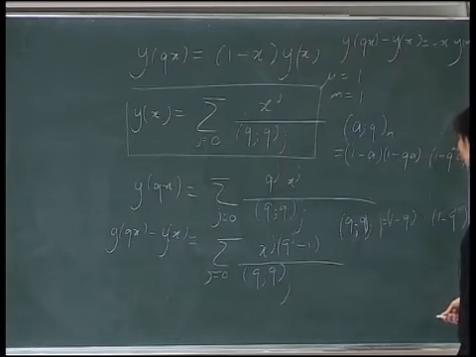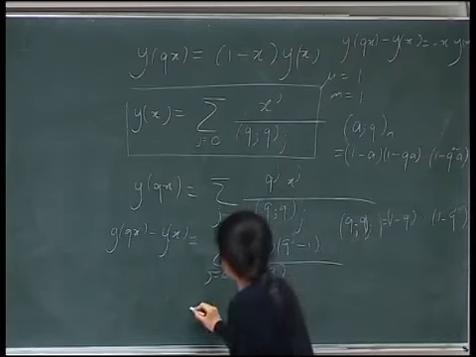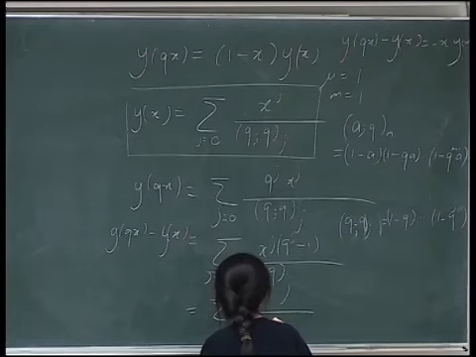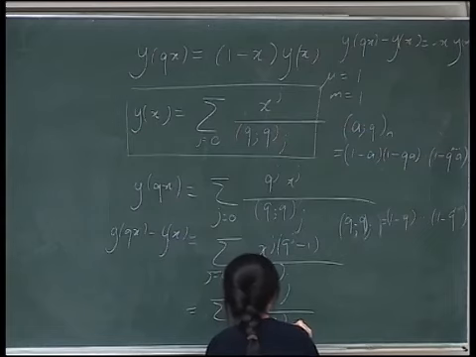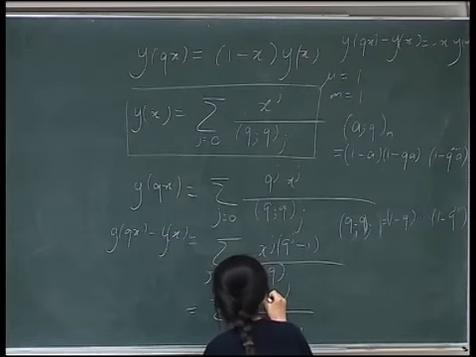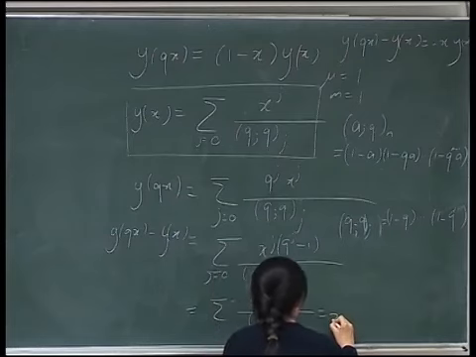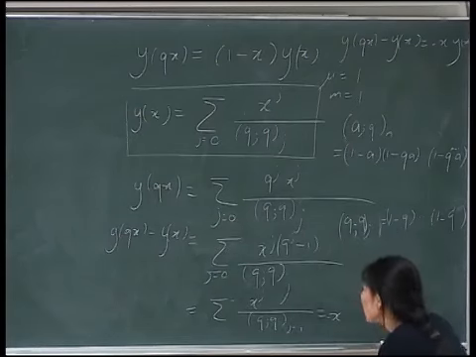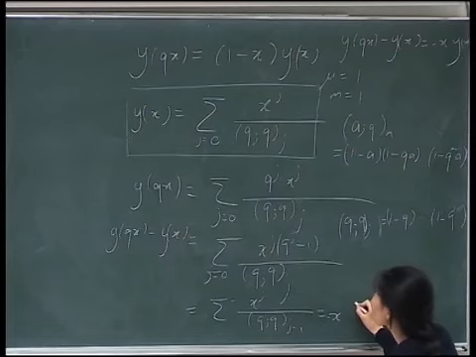So this is equal to qj minus j minus 1 xj, which is equal to minus x minus xy.